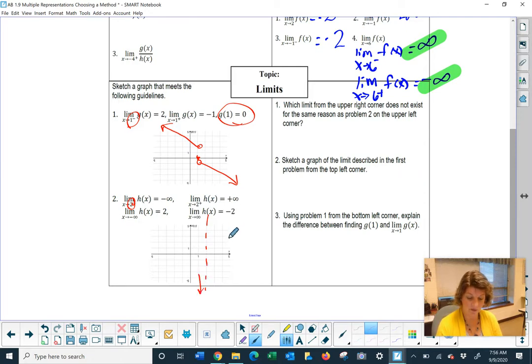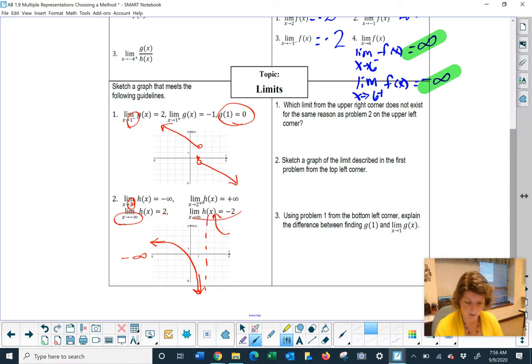From the right side of 2, I am headed to positive infinity. And then it says, as I approach negative infinity, I hit 2. That's a horizontal asymptote. So as I head out here to negative infinity, I'm going to be at a height of 2. And then I'm just going to do a nice connection of those two.